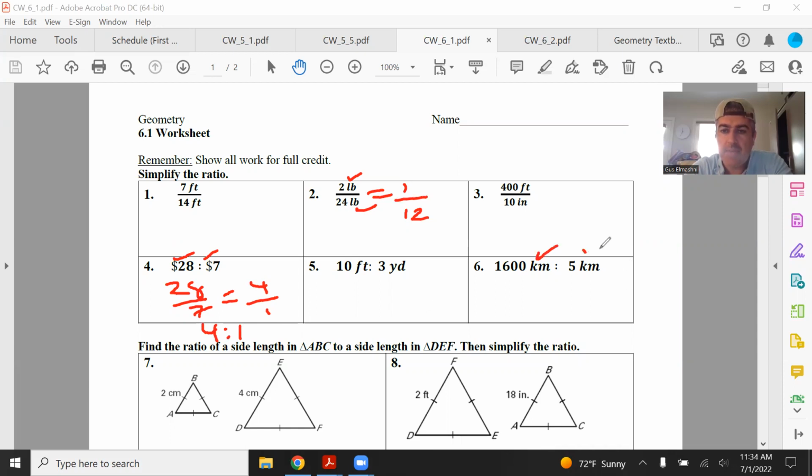Same units again, we got lucky. That will be 320, or 320/1. Okay. So that's number 6.